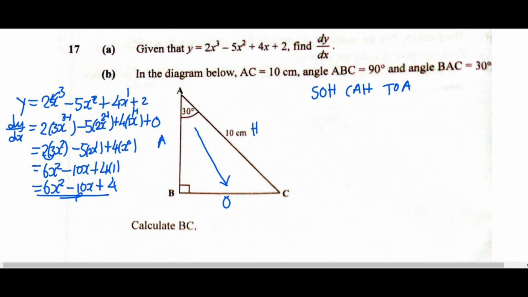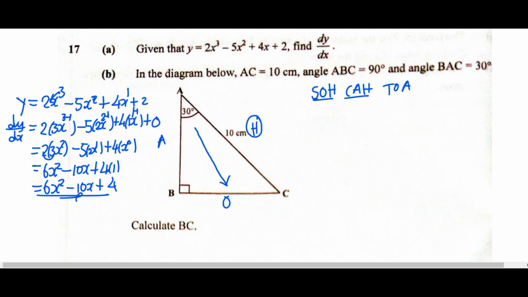So from these three trig ratios, we need to choose a trig ratio that will correspond to the data, the distance that we have, and the distance that we want. So we have the distance h, the hypotenuse. So we need to choose between SOH and CAH.